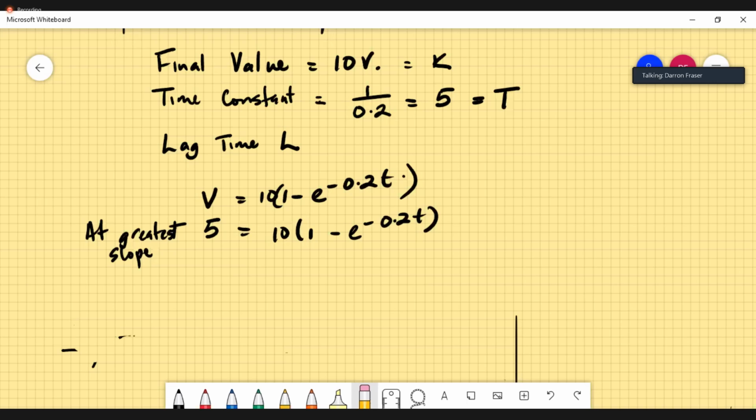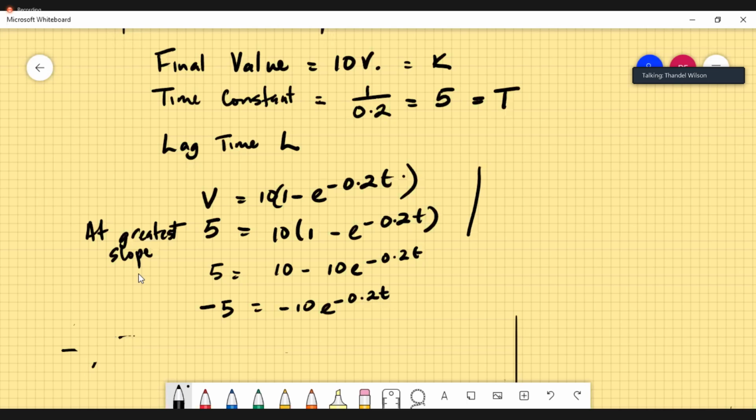So we're going to have 5 is equal to 10 minus 10e to the minus 0.2t. So that's going to be minus 5 is equal to minus 10e to the minus 0.2t.